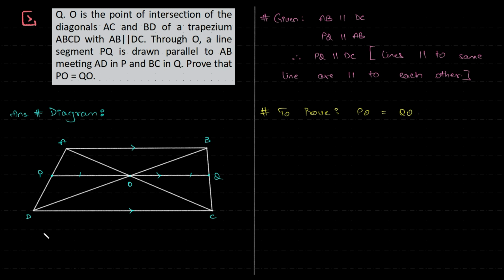Now, how will we relate PO and QO? With what concept can we do it? We can't use BPT. It has to be with similarity. So which triangles should we consider? One has to be APO for sure, and the other BOQ for sure.